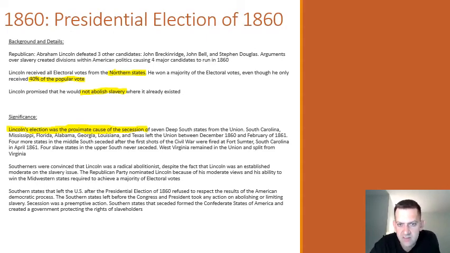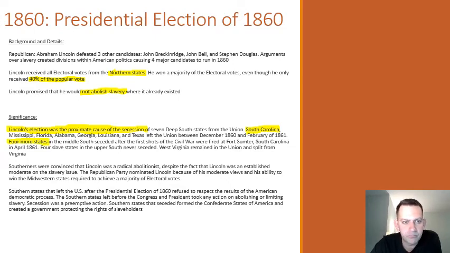The first state to leave the country was South Carolina. That shouldn't shock you. In the presidency of Andrew Jackson, the state who threatened to leave America in that nullification crisis was South Carolina. After the first shots of the Civil War were fired, 4 more southern states left the United States.